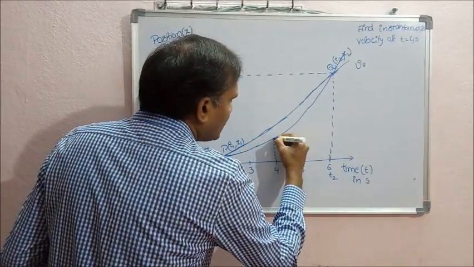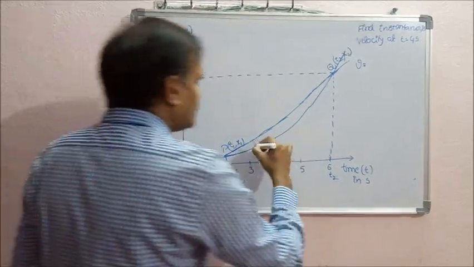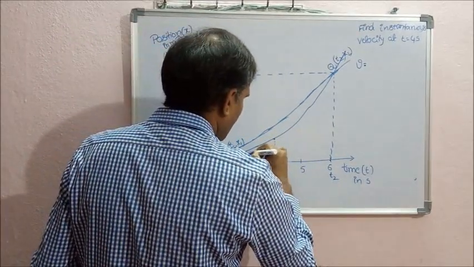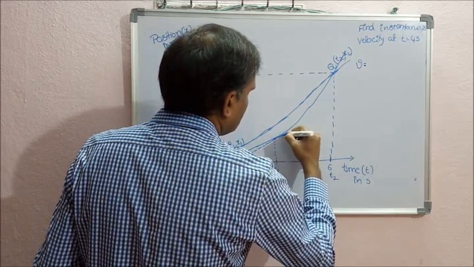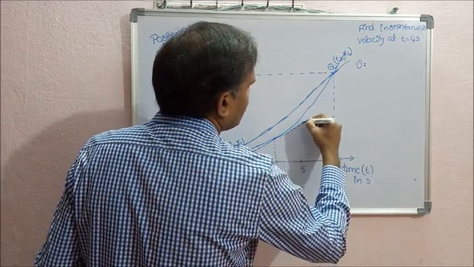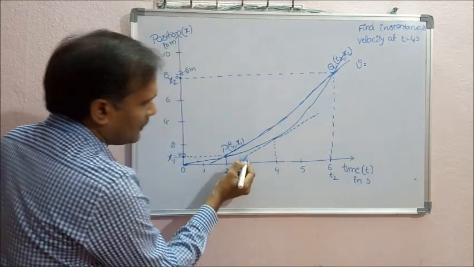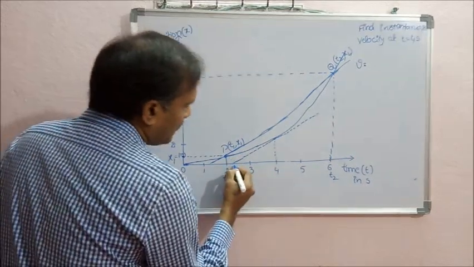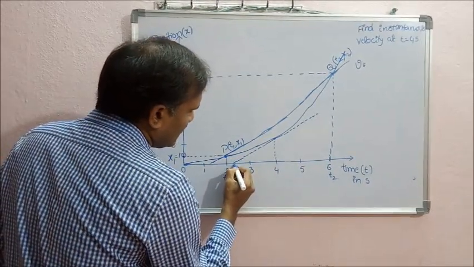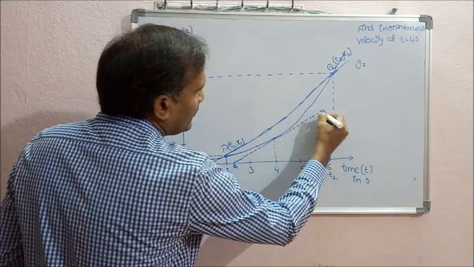Now, at this point, you can draw a tangent. You can draw a tangent at that point corresponding to that time. You can draw the tangent in this manner. I am assuming the tangent as AB.